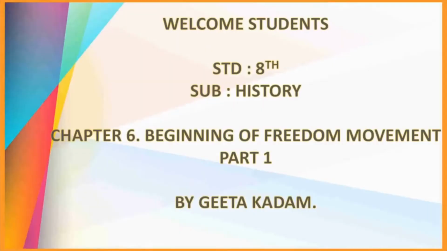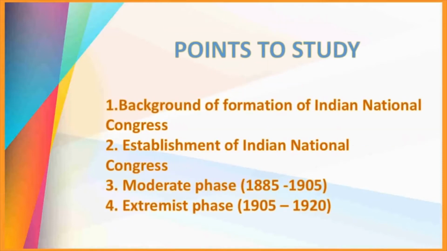Students, myself Geeta Kadam, and today we are going to learn about chapter number 6 in our history, and the name of the chapter is Beginning of Freedom Movement, Part 1. Let us start. Students, in the previous chapter, we saw that due to the Britishers, English education started in India.